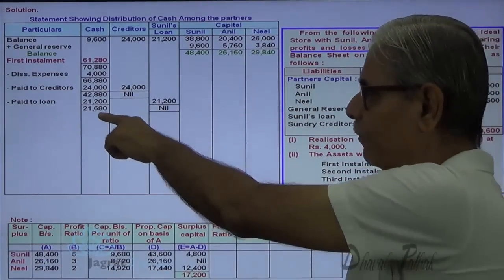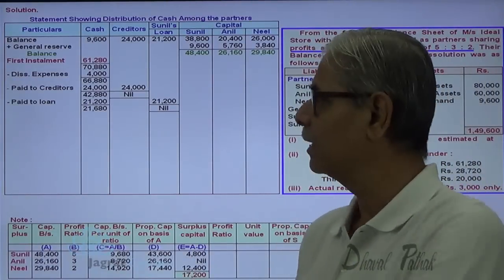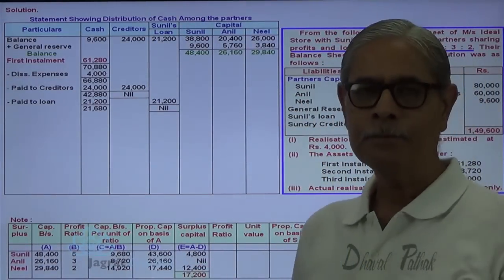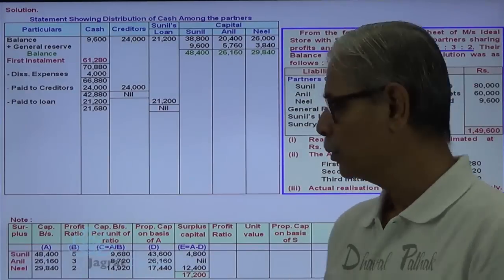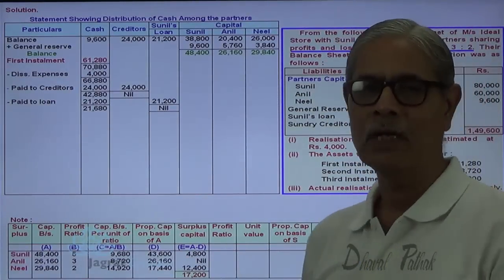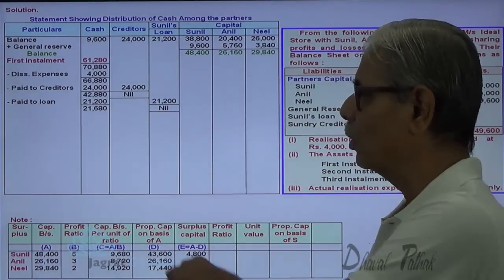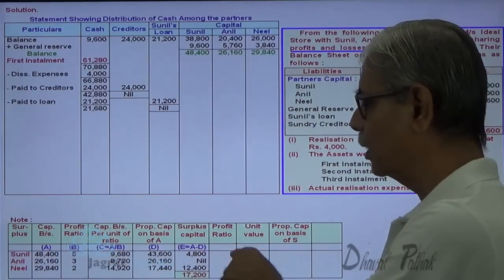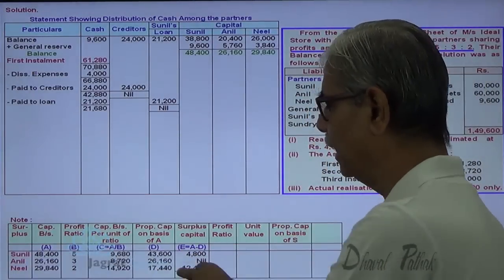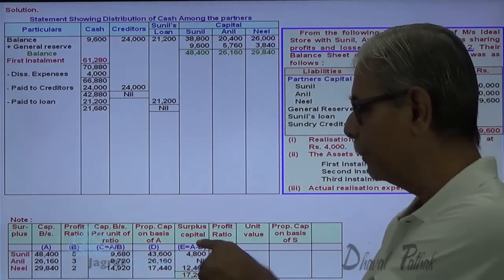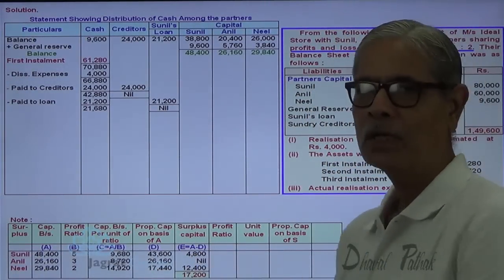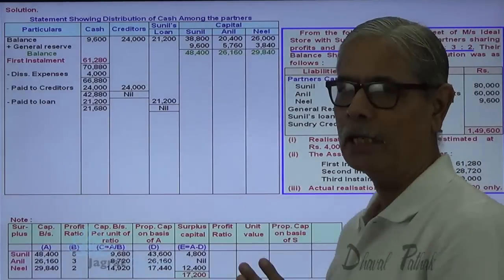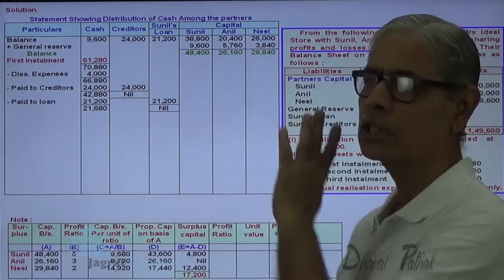We have a cash balance of 21,680. The surplus capital redemption requires only 17,200, so I have sufficient cash balance to pay out Sunil 4,800 and Neil 12,400, and I can make a distribution.